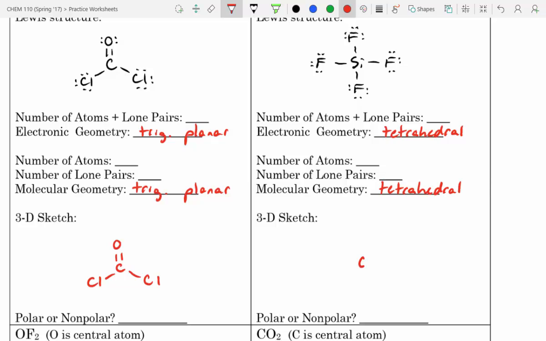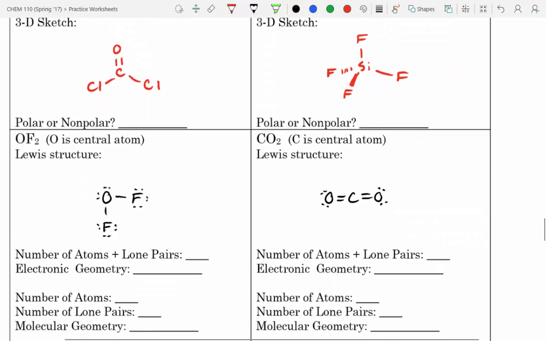This looks a lot like carbon tetrachloride on the front page. Where you've got 1 sticking up, 1 sticking to the side, 1 pointed out towards you, and 1 sticking away from you. So you can draw that using 2 straight lines and 1 dash and 1 wedge. Okay?